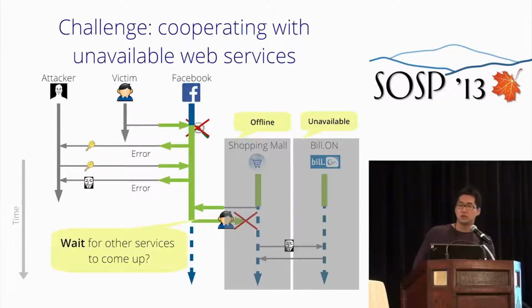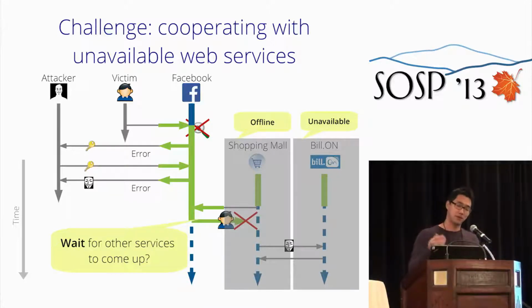The first challenge is that we need to cooperate with unavailable web services, because the 2 other services can be offline or simply unavailable during recovery. So the unavailability of a single website can prevent the recovery of other websites.